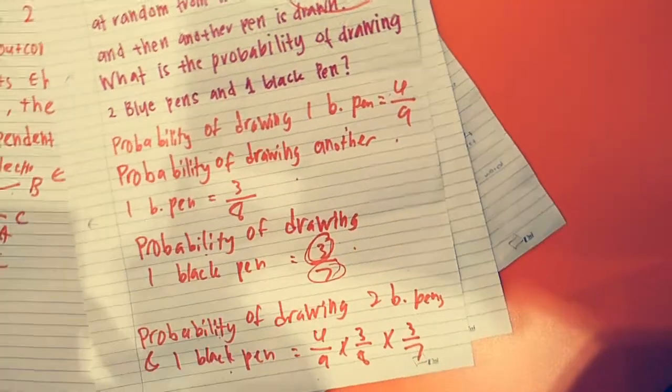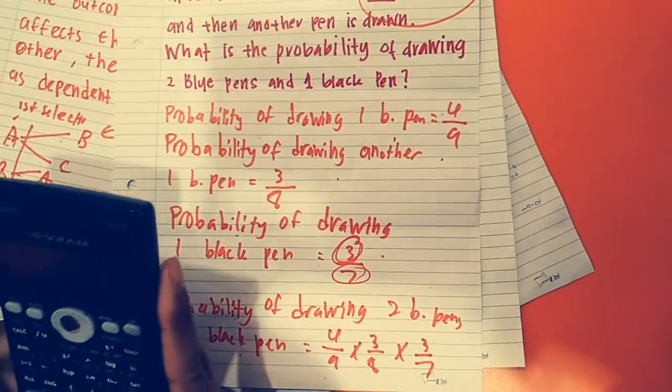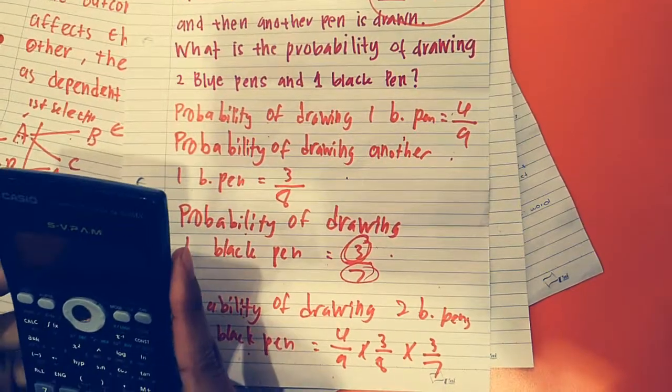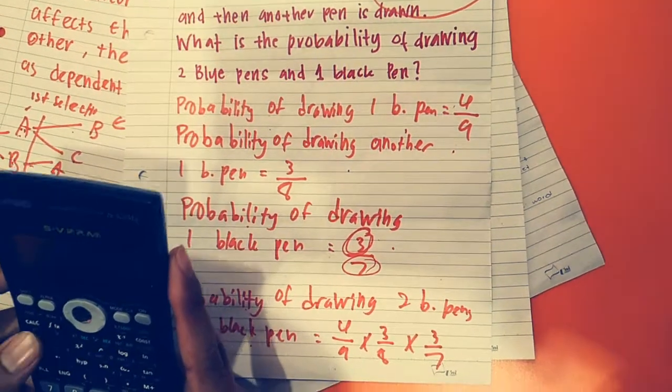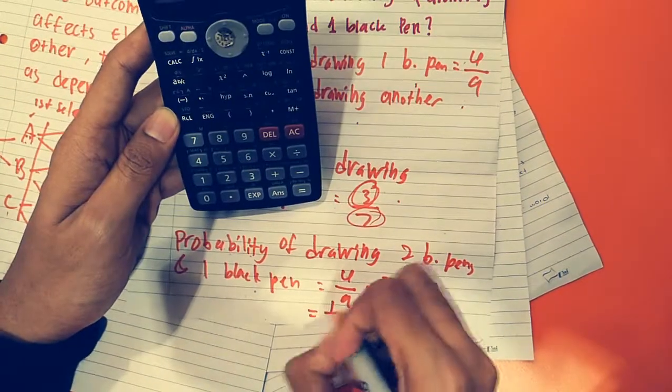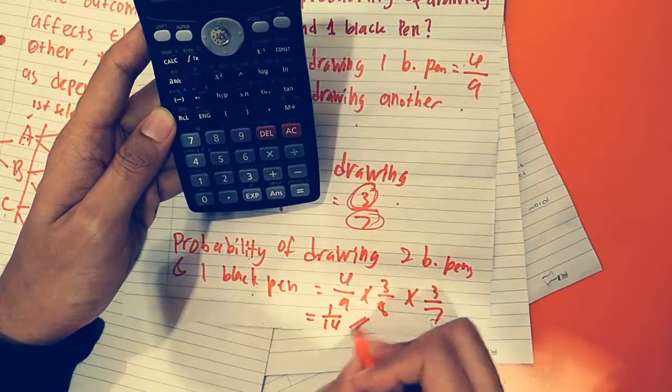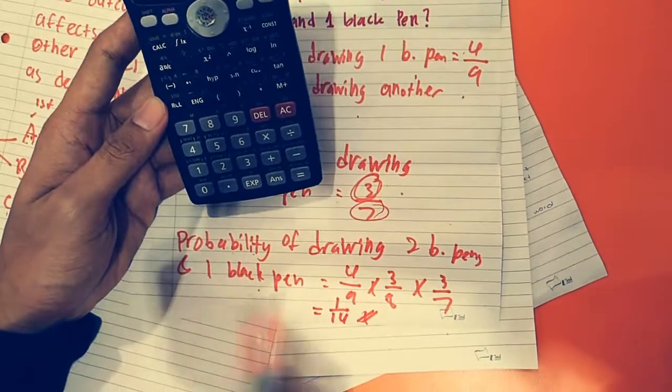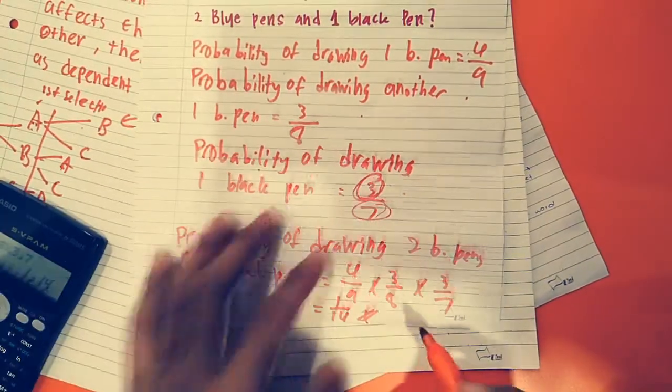Got it? 4 over 9 times 3 over 8 times 3 over 7 equals 1 over 14. That's the probability of drawing 2 blue pens and 1 black pen out of the pack.